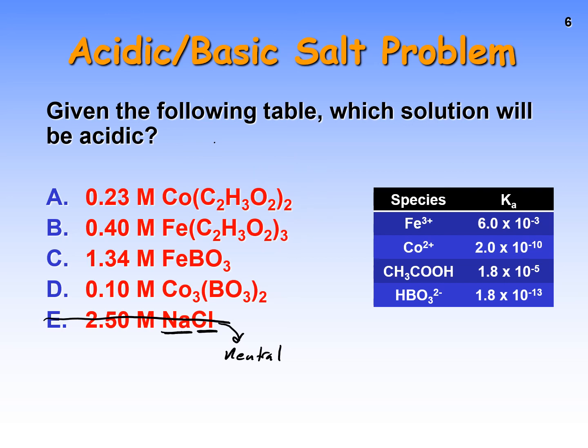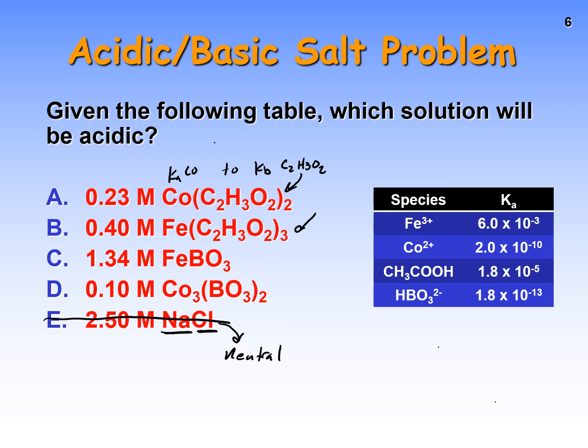In order to figure out whether it's an acidic solution or a basic solution, I need to compare the Ka for Co to the Kb of C2H3O2 for this salt, and similar for this one, but Ka of F to Kb of acetate, and then finally Ka of Fe to the Kb of BO3 3 minus.